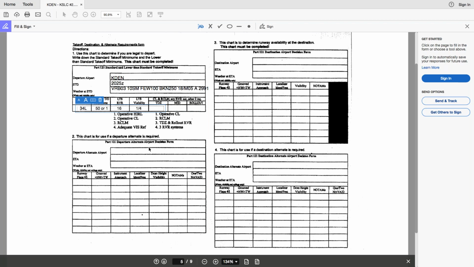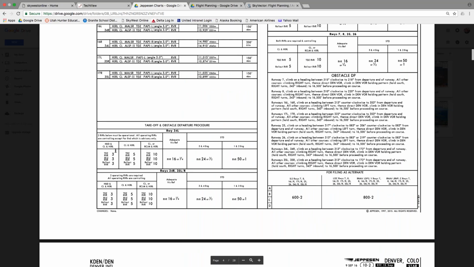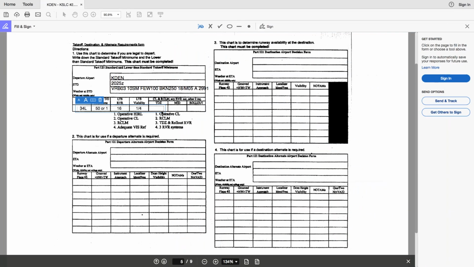Are those the 2 columns right there? Yeah. We don't have a HUD, so we've got the center line, and we've got HIRLs, right? 500. So 500s across the board.